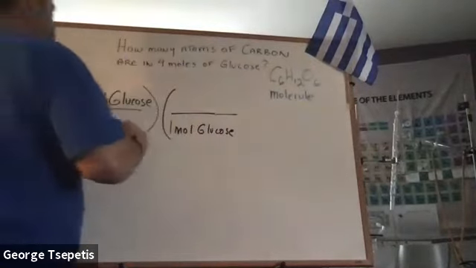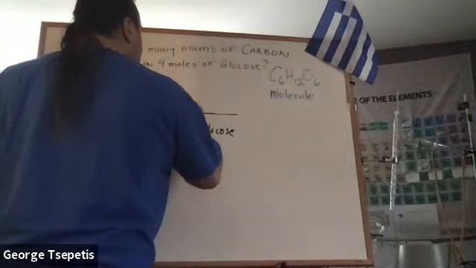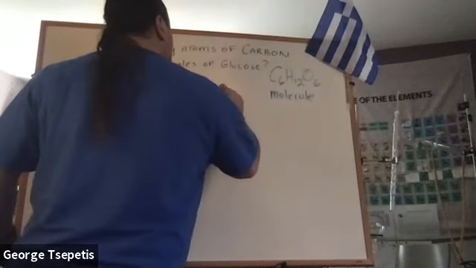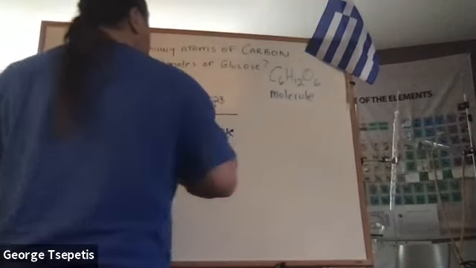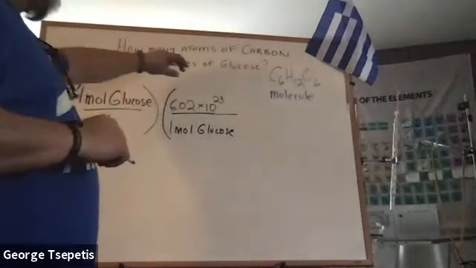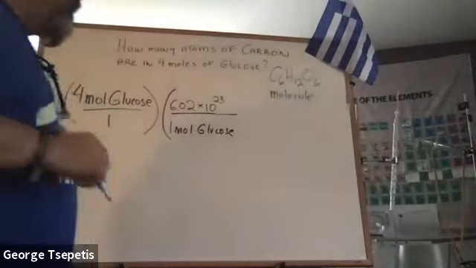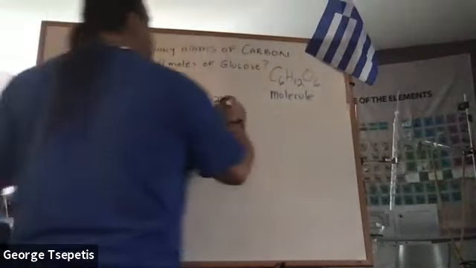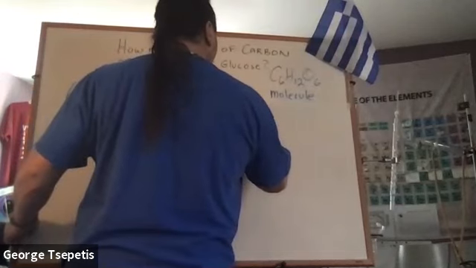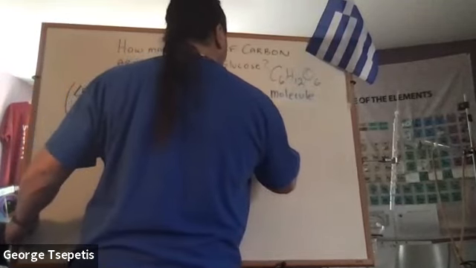Avogadro's number, that's where he steps in here. So let's go ahead and put him here: 6.02 times 10 to the 23rd, what? Well, we agreed that if we look at something like this and we're talking about glucose, it's a molecule of glucose. So Avogadro's got to comply and tell us that his units in this case will be molecules of glucose.